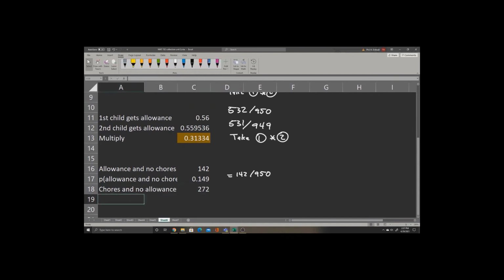Now let's calculate the probability. To calculate this probability, we'll take the 272, but this time, remember, we've already removed one child from the rotation. So our overall total is now no longer 950, it is now 949.